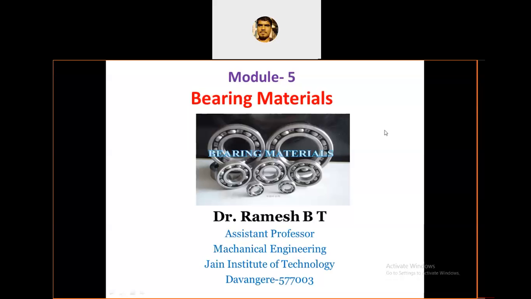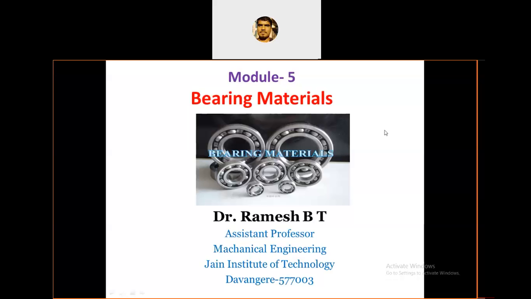In some situations, we cannot use the bearing. In that case, we have to go with a material which itself is wear resistant. Clear? So that is what bearing materials are. The study of the properties of a bearing material is also one important concept.